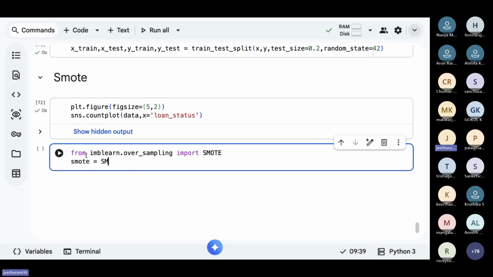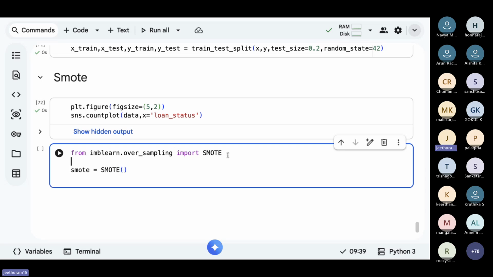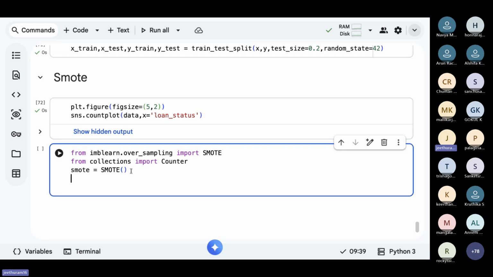And then we'll be initializing the SMOTE. Once you initialize, you can also use from collections import Counter just to see the class distributions. And we know that it should be applied only on the training data, right?